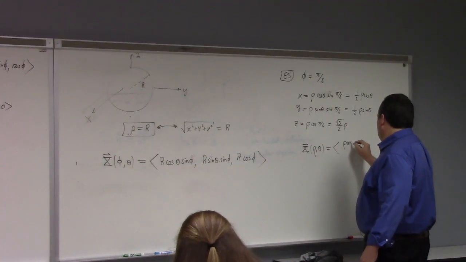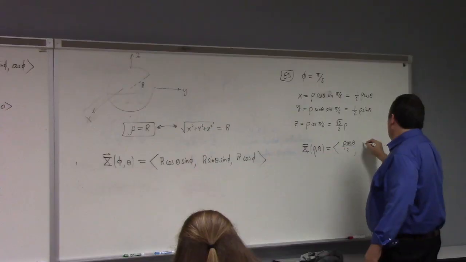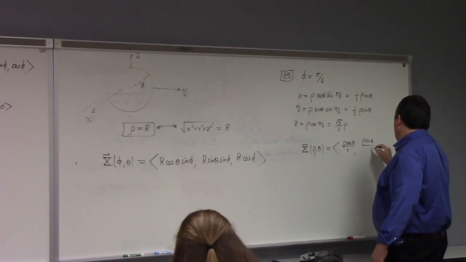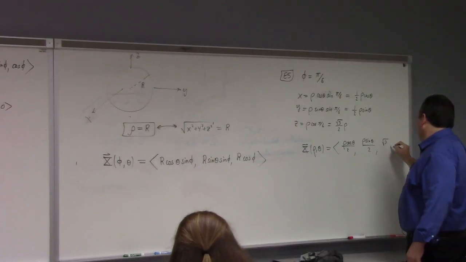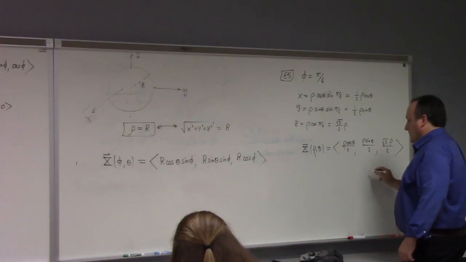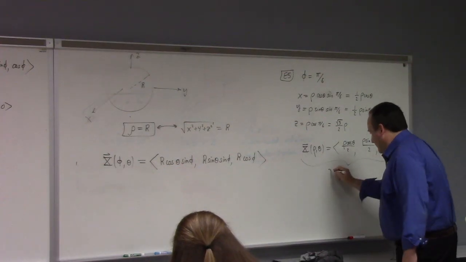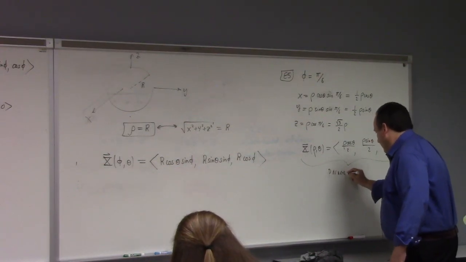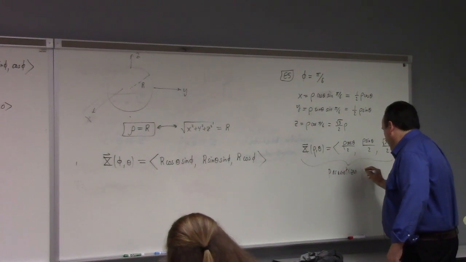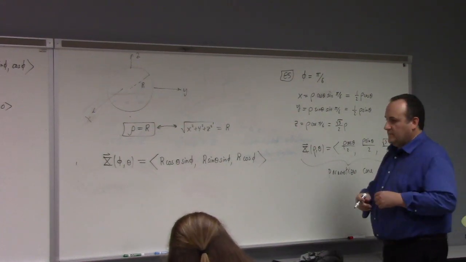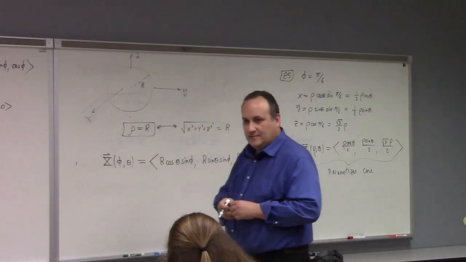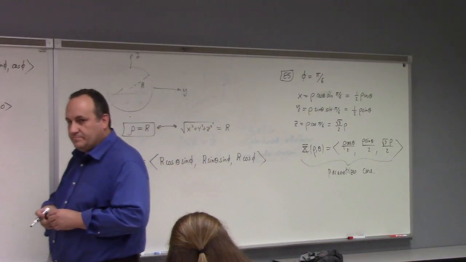And so, by the way, if we were to write down x of rho and theta equals rho cosine theta over 2, rho sine theta over 2, root 3 rho over 2, guess what? This parameterizes a cone. Oh, I didn't tell you it was a cone yet, did I? But this is a cone.